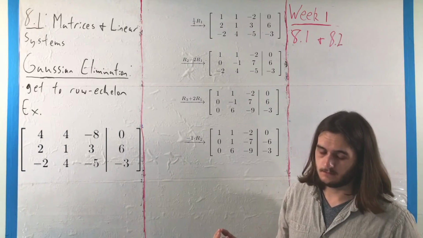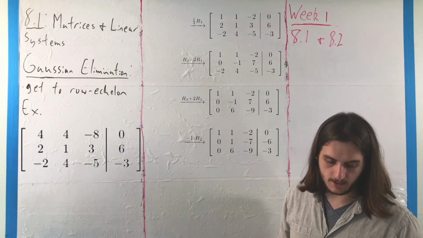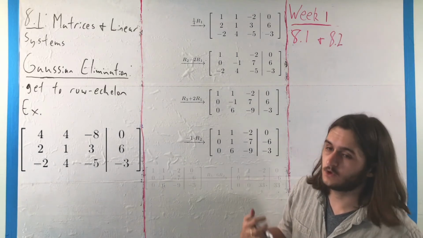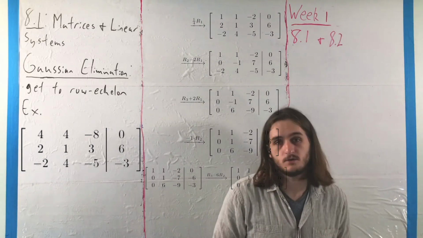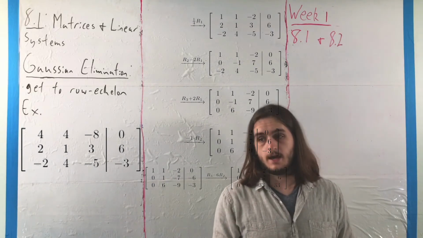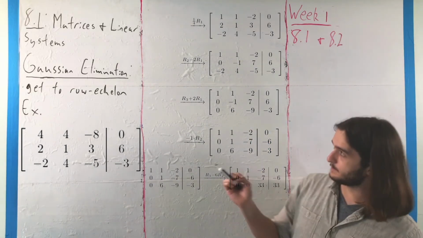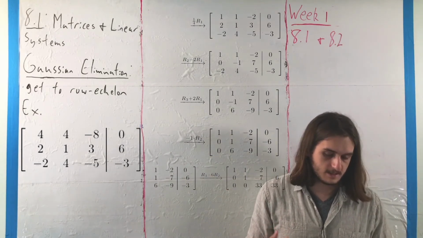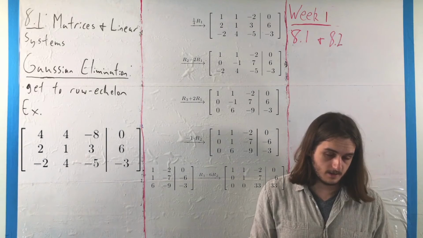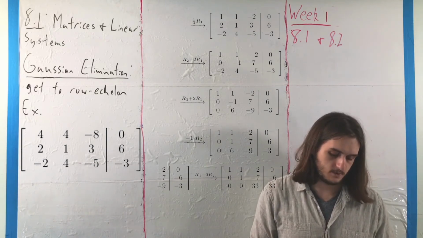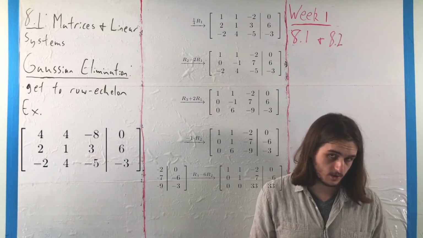That's not so bad, but now you've got a nasty little reduction at the end, because you got 6 that needs to become a 0, so you're going to be subtracting 6 times the second row from the third row to get rid of it. Do that, and the 6 goes away, but then you have negative 6 times negative 7, so you get positive 42 plus negative 9 gives you 33.